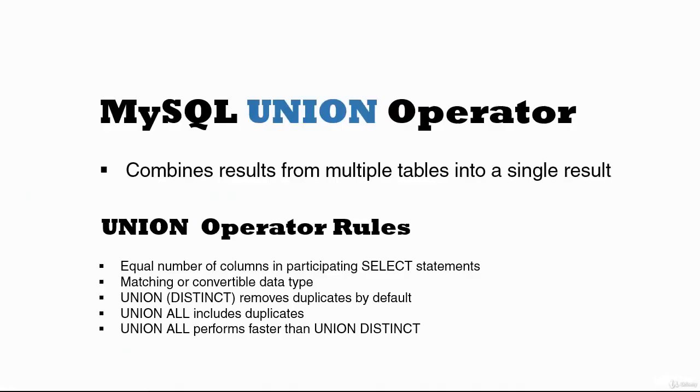In this lecture, we use the MySQL union operator to combine results from multiple tables into a single result set. Try and practice with some of the examples I've shown you, and see if you can change some of the values to get the hang of things.